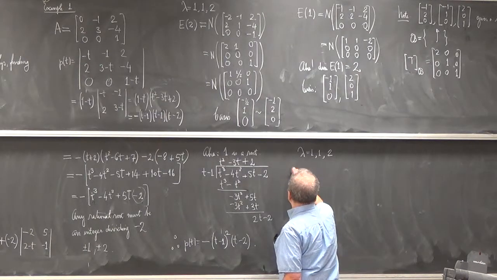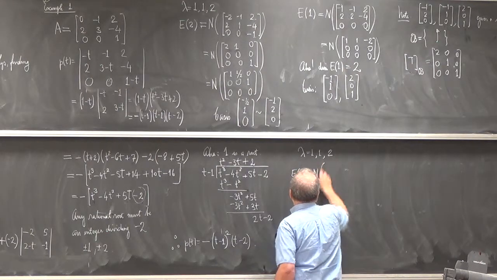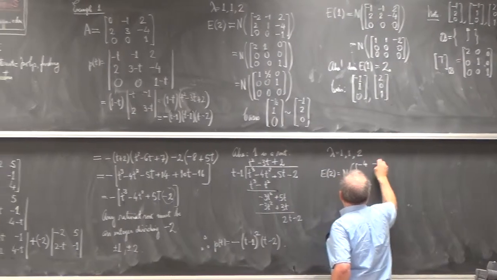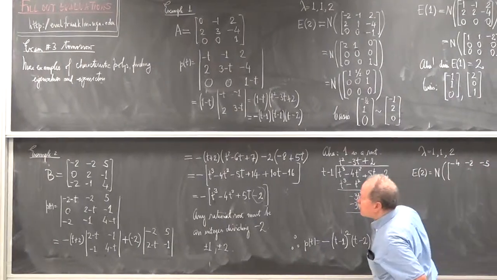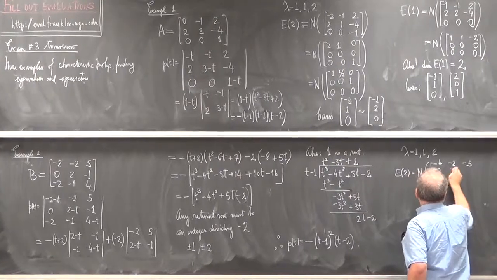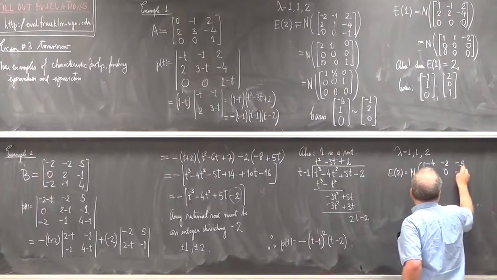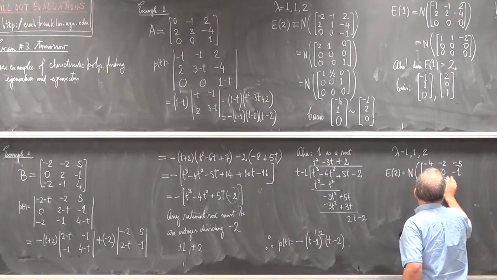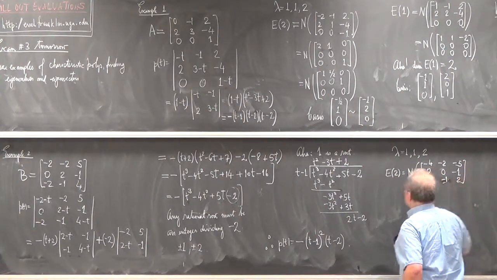So let's see. Let's start with E of 2. Null space of negative 4, negative 2, negative 5, 0, 0, negative 1, negative 2, negative 1, 2.